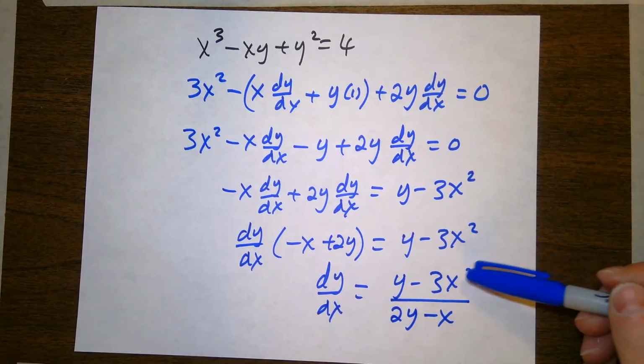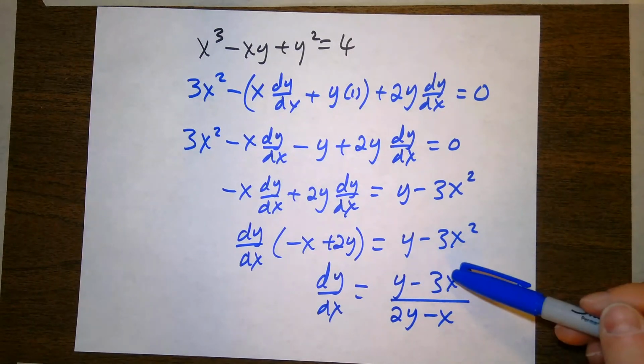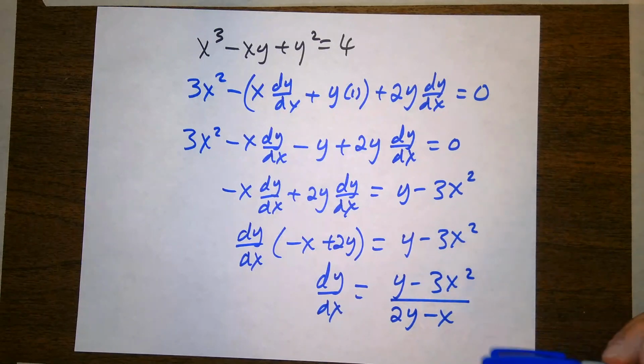And I suppose technically we would want to have the negative 3x squared plus y over negative x plus 2y. That looks a little bit awkward, but that's probably the better format, the better way to have it. All right, implicit differentiation.